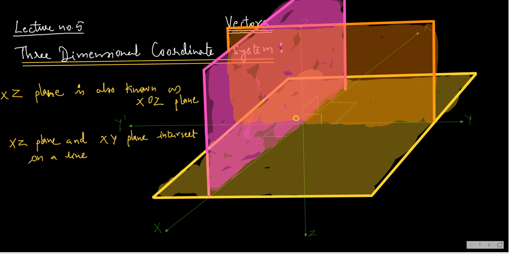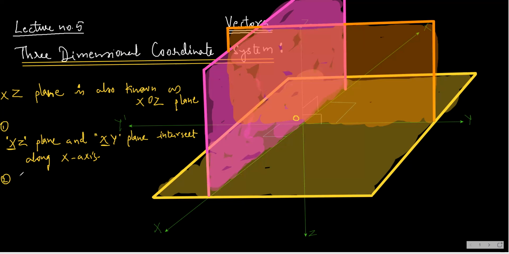They intersect along the x-axis. See, this is the axis along which these two planes intersect. Moreover, in XZ you have x, and in XY also you have x. So the intersection of these two planes will be along the x-axis.